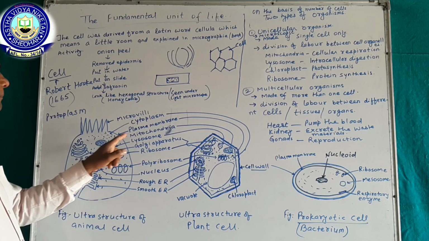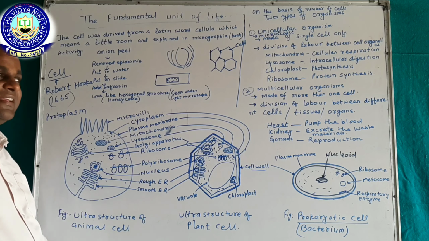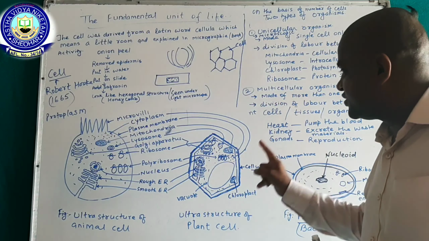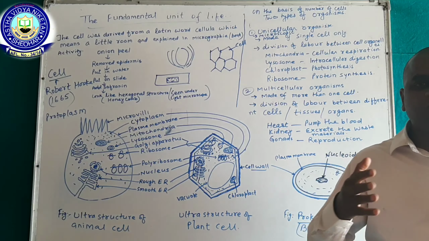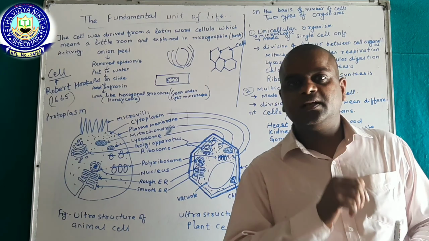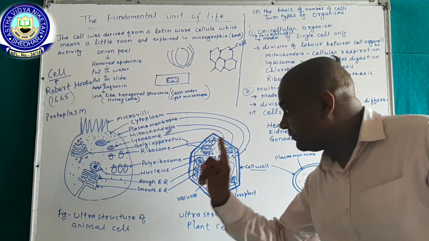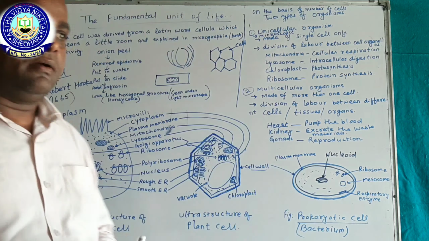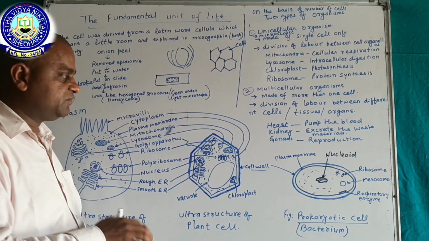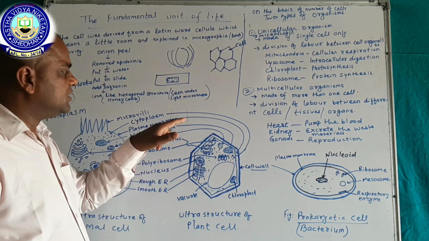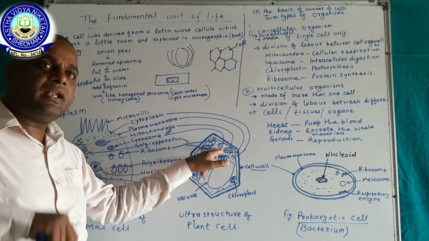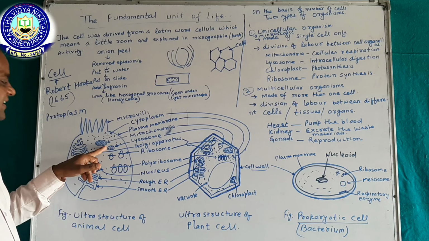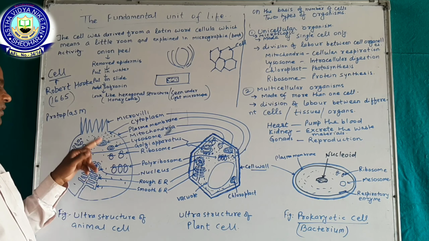Now mitochondria. We are all very much aware of mitochondria because they are known as the powerhouse of the cell. Why? Because mitochondria release much more ATP through the oxidation of food. So we fulfill our energy needs with the help of mitochondria.